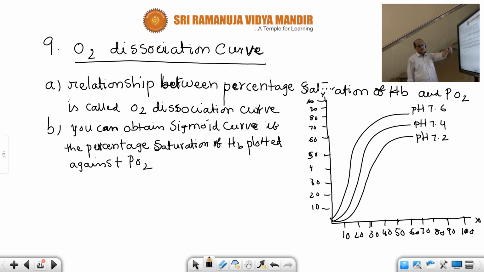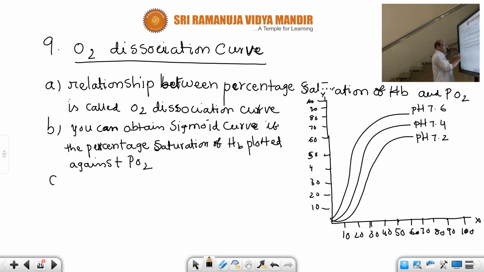The original curve is this sigmoid curve, pH 7.4. When the pH increases, it goes upwards. When the pH decreases, it shifts towards the right side, for releasing oxygen into the tissues. This is important: low pH is required.